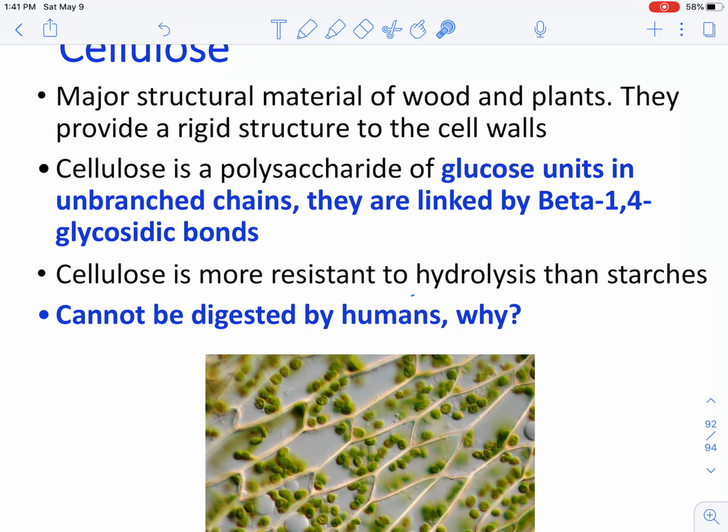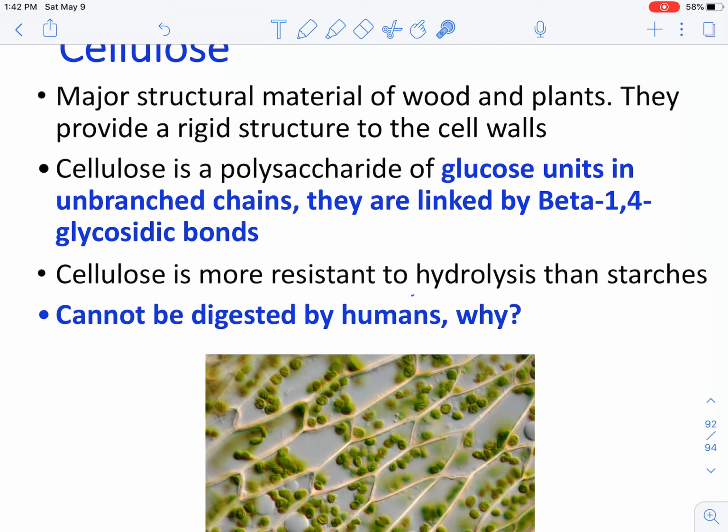Cellulose is composed of many glucose units. It turns out that among the common polysaccharides that we've discussed, amylose, amylopectin, glycogen, and cellulose, all of these are composed of numerous glucose units.